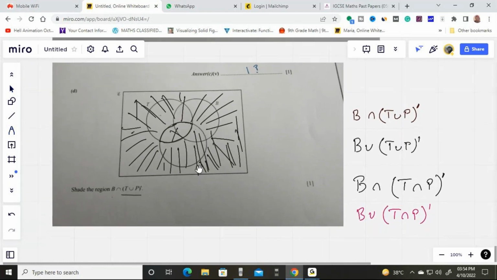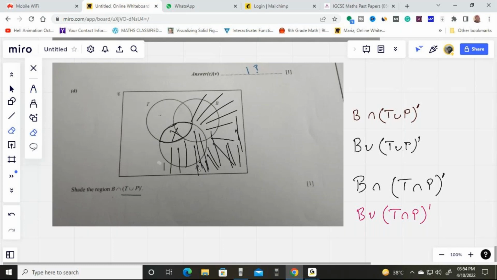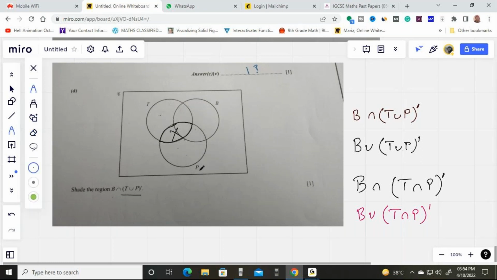One thing more: whenever they don't mention the cardinality or the elements of the sets, and they have only given you empty circles and ask you to shade, whenever you have a situation like this written in this pink set notation, in which you need to shade the region inside and outside as well, I recommend you shade only the circles and forget about the region outside, because there is no cardinality written.